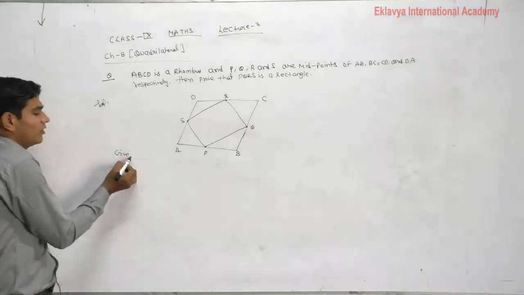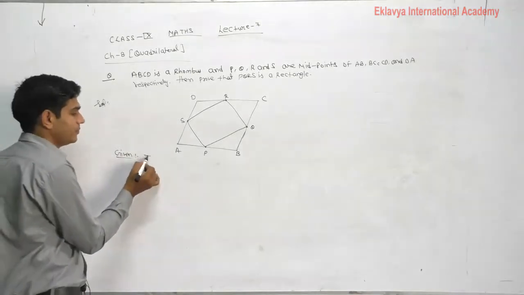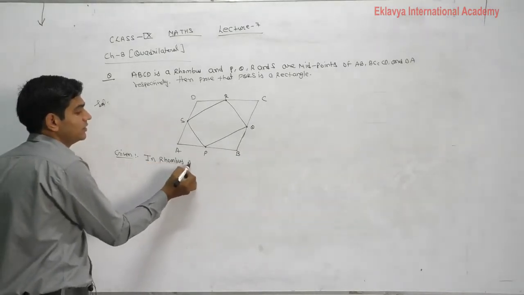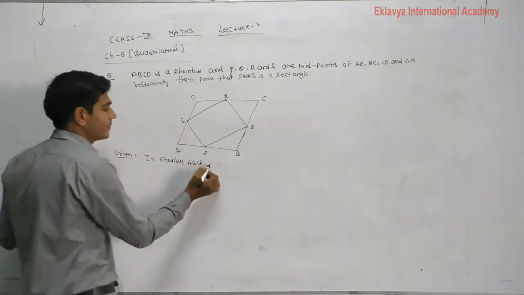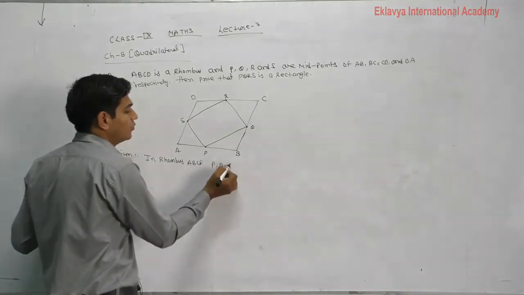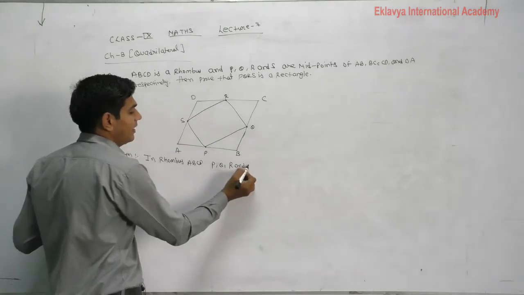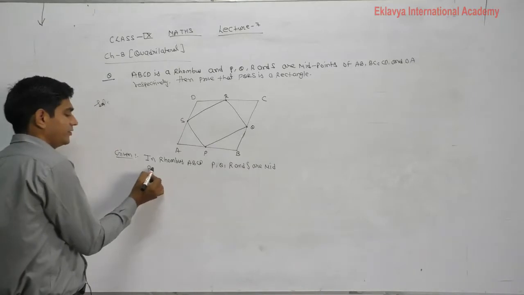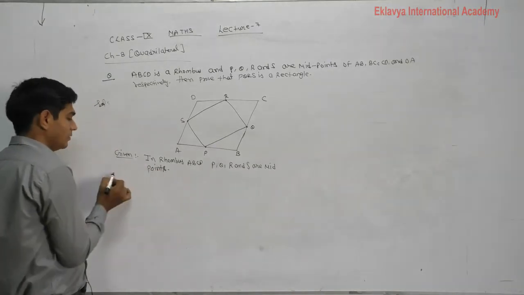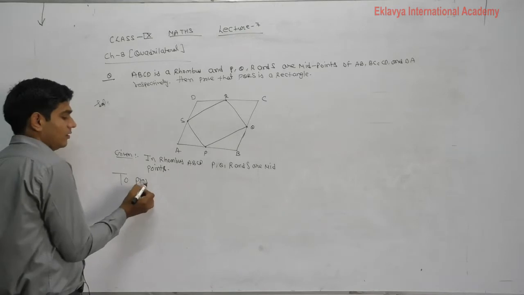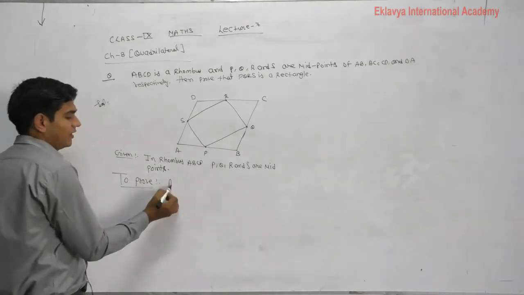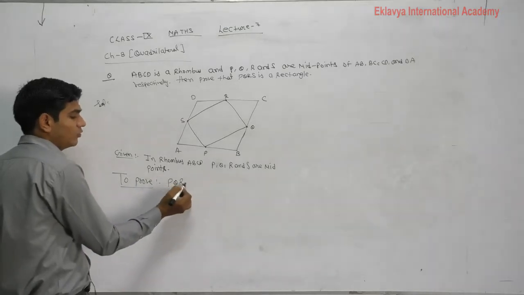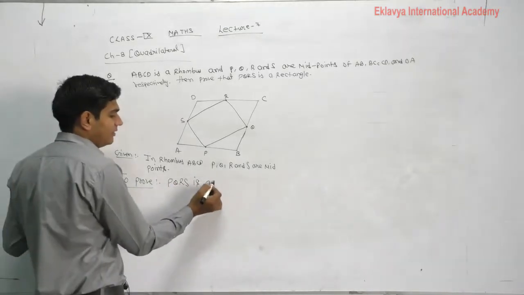So first of all, what is given: in a rhombus ABCD, P, Q, R and S are midpoints. Here we will prove that PQRS is a rectangle.